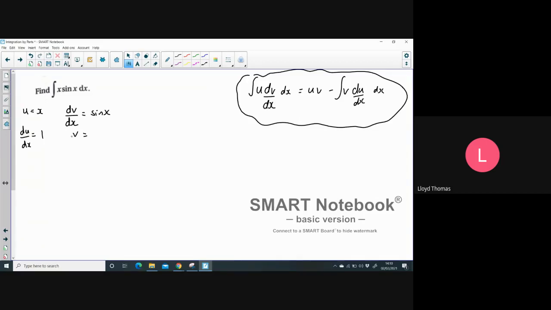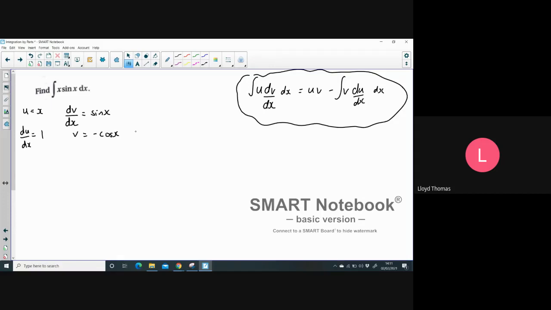To integrate sine x in this case, you've been doing that in your assignments. I can't speak for Miss Stratford's class, I'm sure they were the same, but my lot were excellent with these, I've got to say. So that's going to be minus cos x when you integrate sine x. You may be wondering, where's the plus c on the end here?